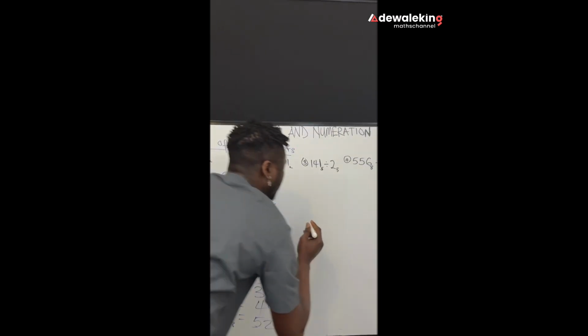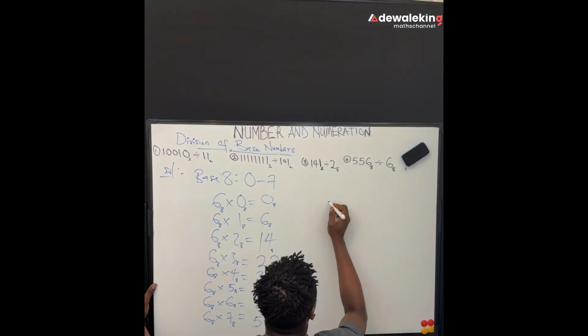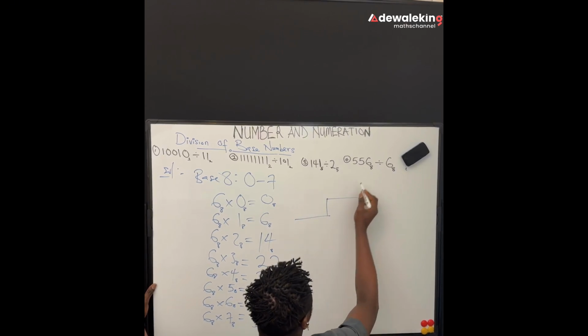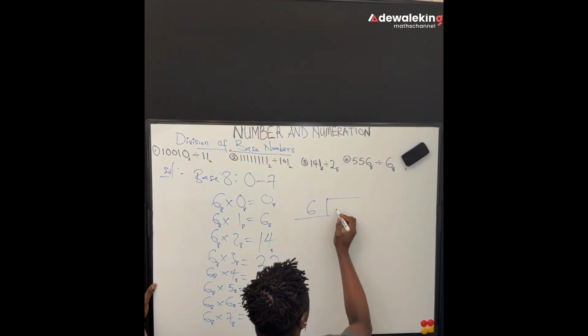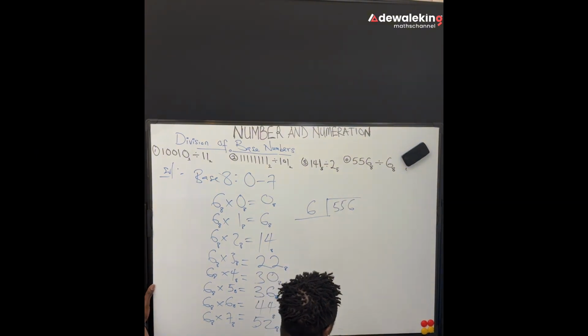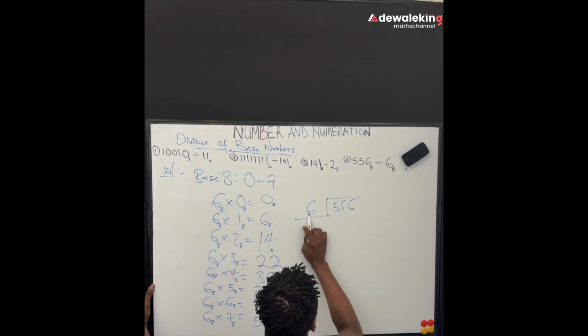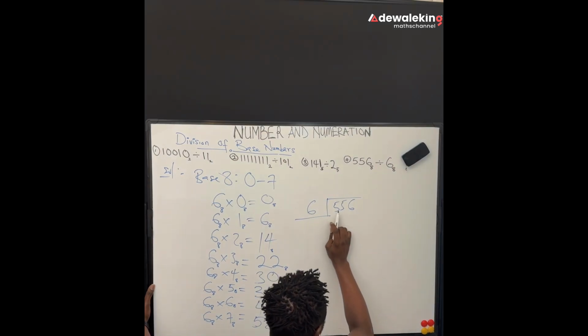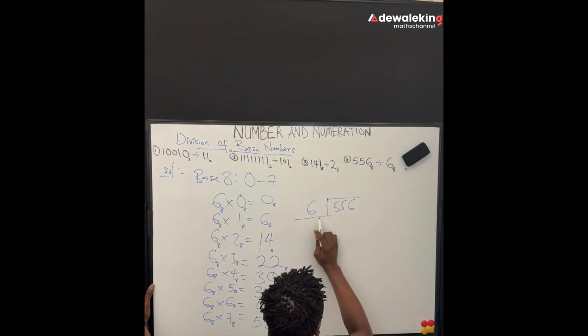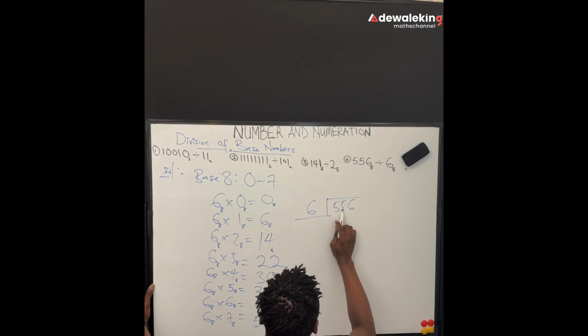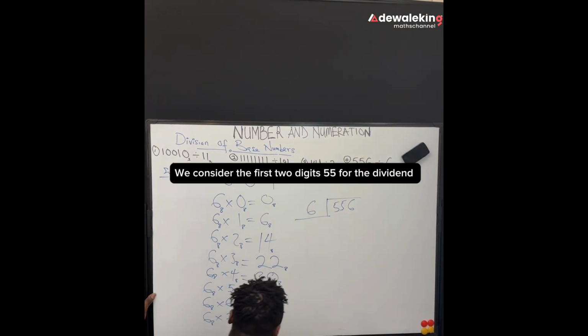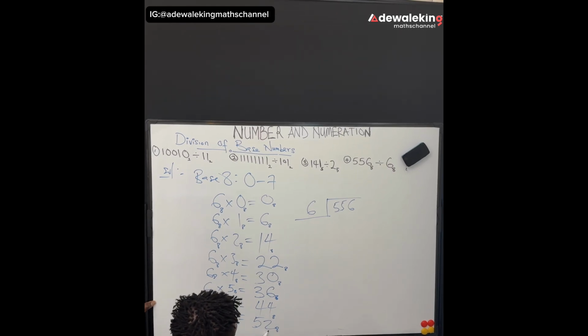So we put 6 in the divisor and 5, 5, 6 as the dividend. So we'll say 6 in 5, no. So pick 2 digits, 6 in 5, 5. Look at 5, 5 here. This is 5, 2.